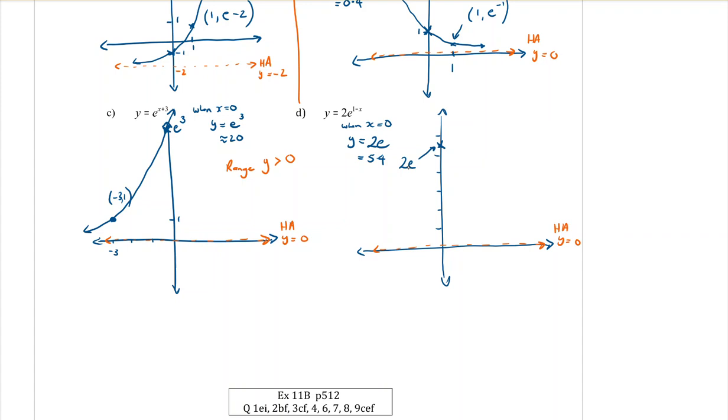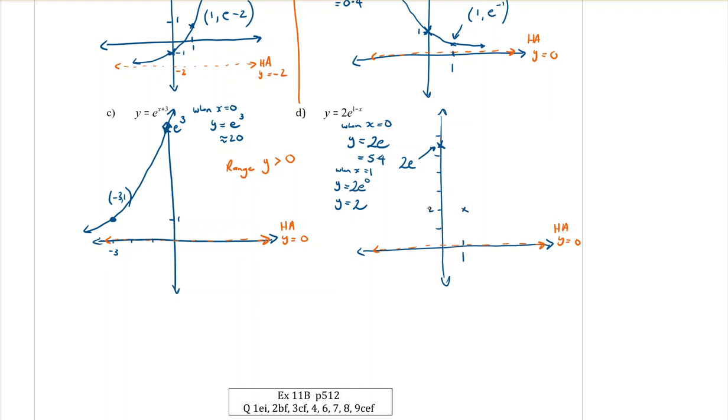I need another point as well, so I'm going to sub in when x is equal to 1. If I sub in x equals 1 into my equation, I get y equals 2e to the 1 minus 1. 1 minus 1 is 0. e to the power of 0 is 1, so that's just 2 times 1, which is 2. So 1, 2.